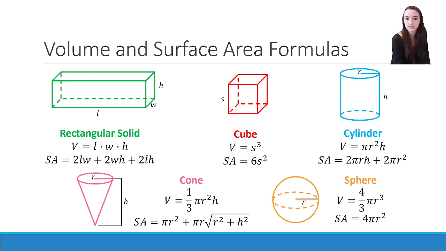So the volume of the rectangular solid is length times width times height. Just like the area of a rectangle is length times width, we've now just added on another dimension here, the height dimension. Because essentially, if we have our area right here, and it's each of these units, then we add a new dimension.